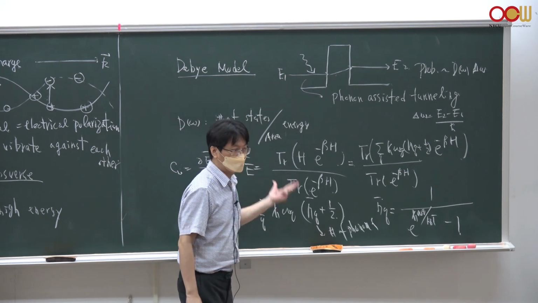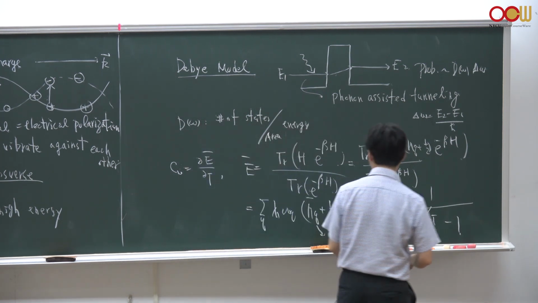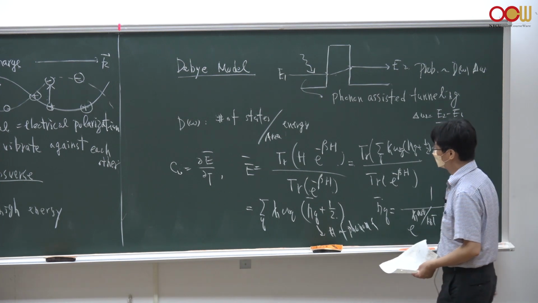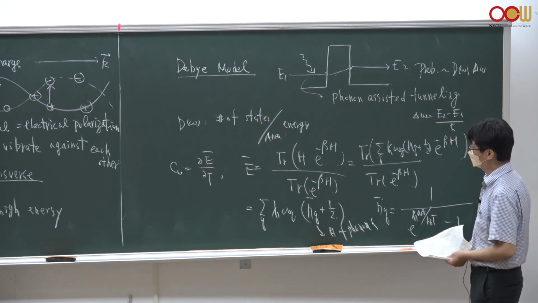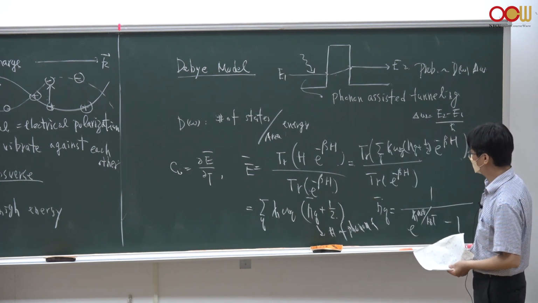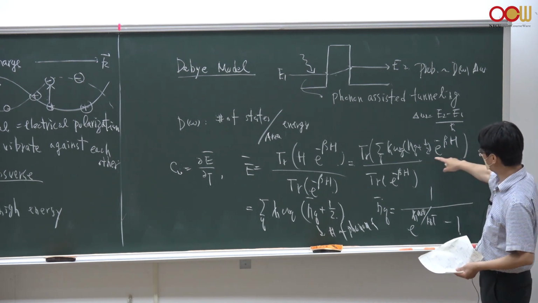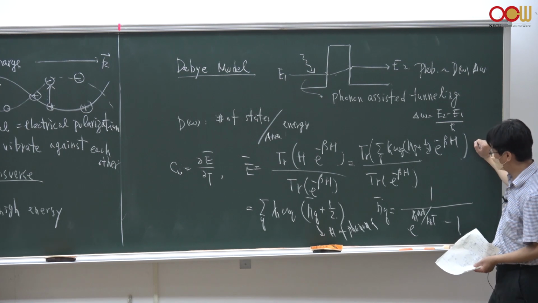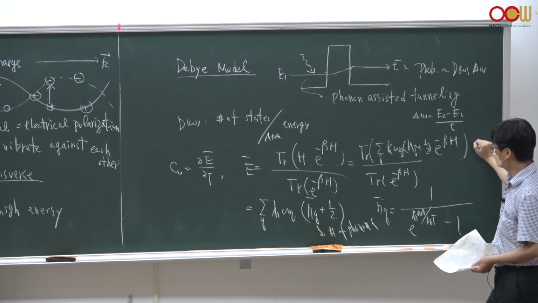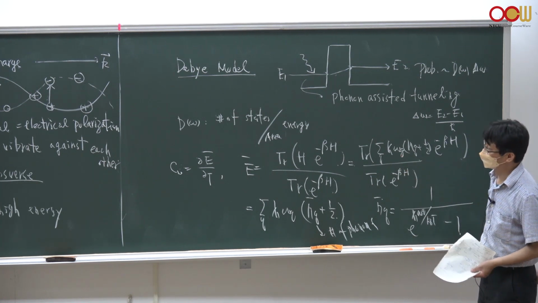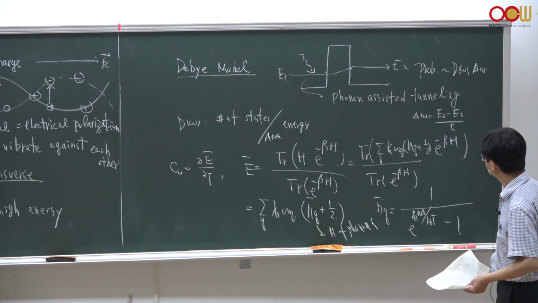This is simply an ensemble average of the Hamiltonian, the value of the Hamiltonian at finite temperature, by taking the ensemble average. But we know that this could be second quantized in terms of the phonon number, n_q plus 1/2, times h bar omega q, where omega q is the phonon frequency.